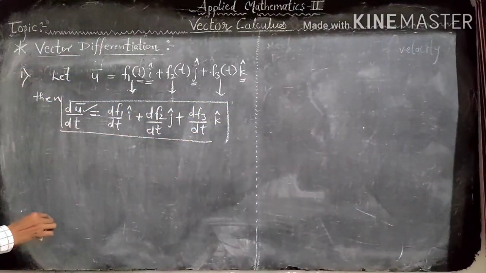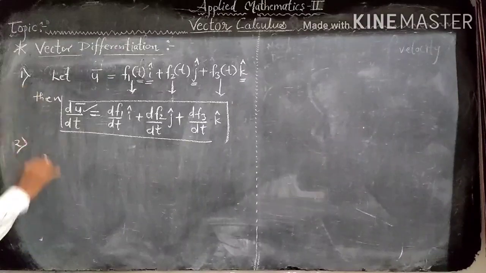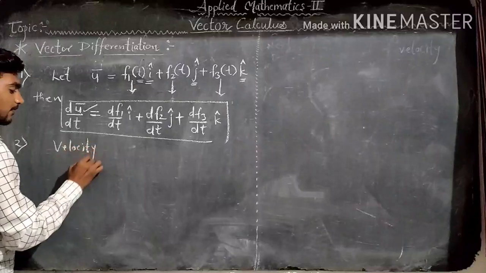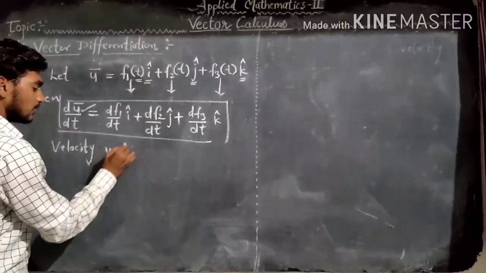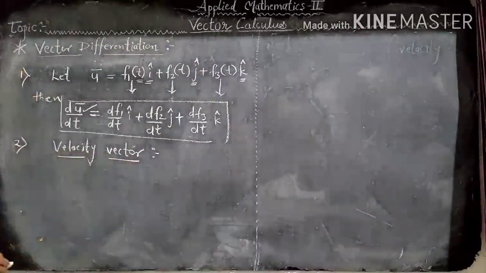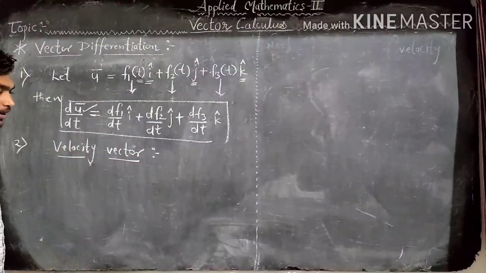Now next important point in vector differentiation is velocity vector and acceleration vector. So let us define velocity vector.